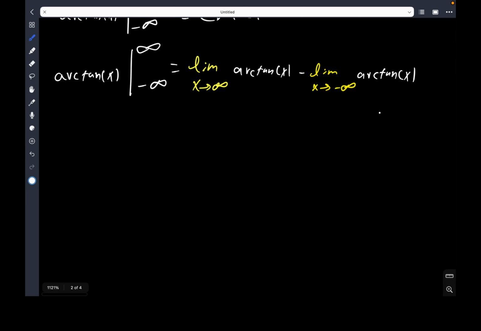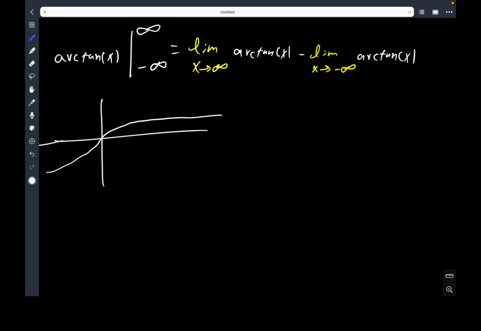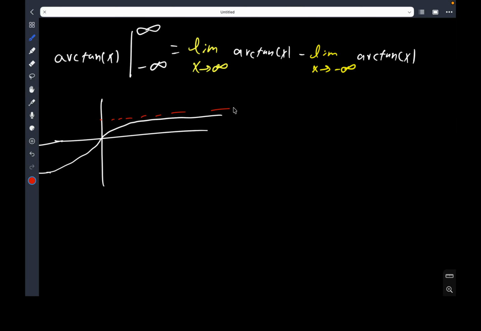Now, some of you might not know the graph of the arctan function, but we're gonna try to write it here. This thing right here is the graph of arctan of x, and here this asymptote, I'm gonna write it in red. This asymptote here and these asymptotes here, these are pi over 2, and this one is negative pi over 2.